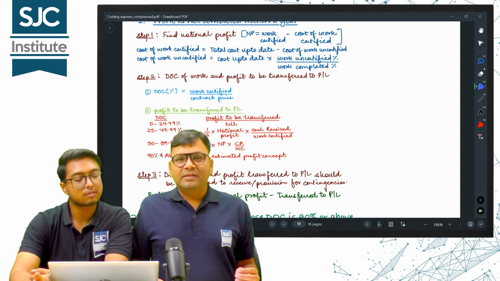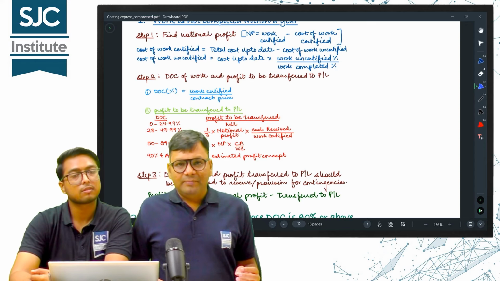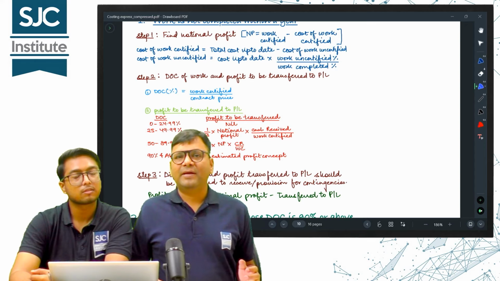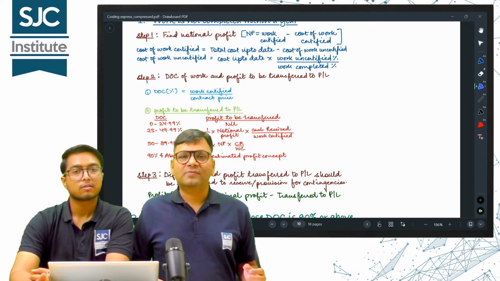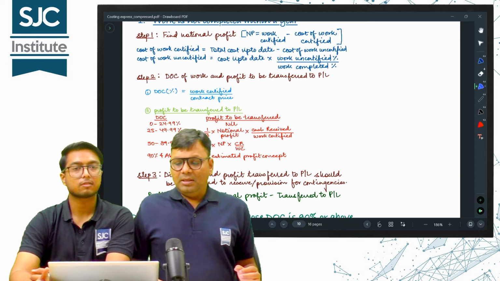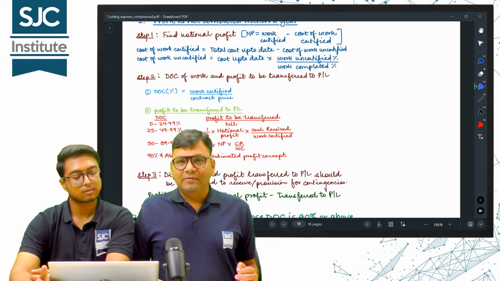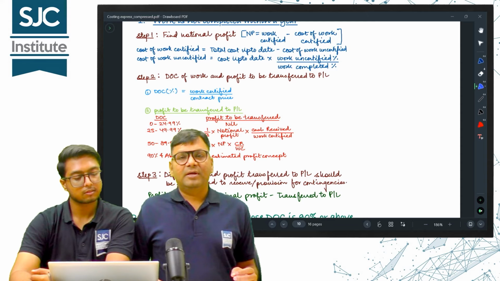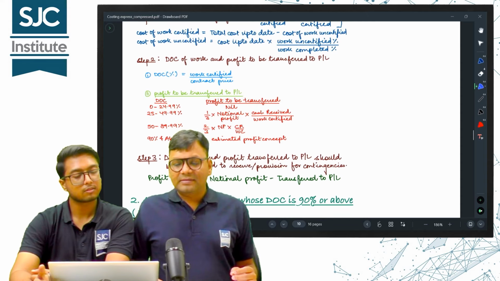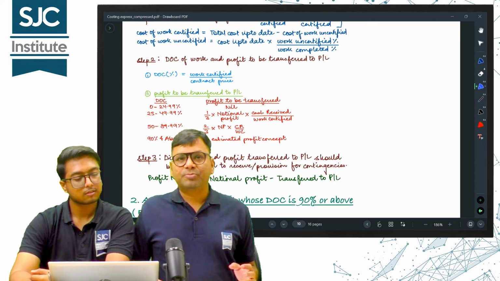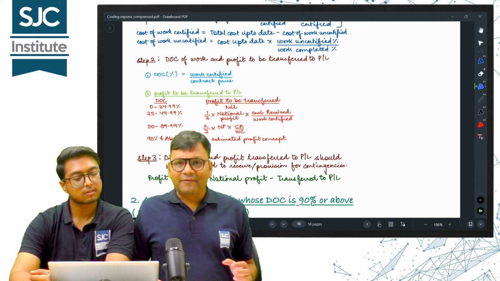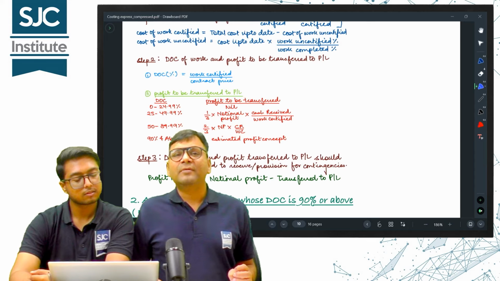If degree of completion is from 50 to 89.99%, then 2/3 of such notional profits multiplied by cash received by work certified is transferred to costing PL. And if degree of completion is 90% and above, then we usually follow estimated profit concept.